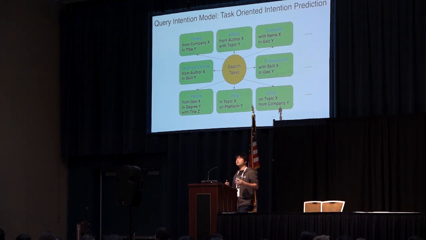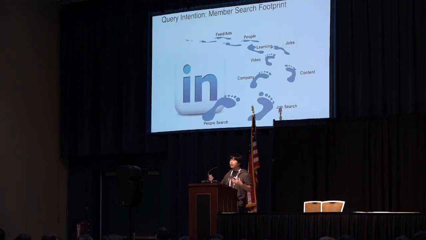Now, if we think about this from a different perspective, intention modeling is mainly about task-oriented intent prediction. Every user comes to LinkedIn search looking for something, trying to fulfill a task. And we can list all these tasks here. There are actually more. If we connect all the intents together, this becomes a member search footprint.